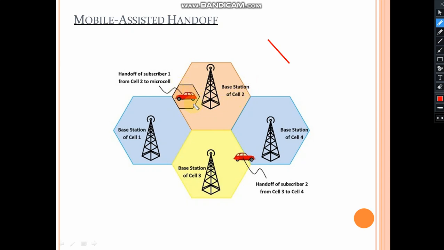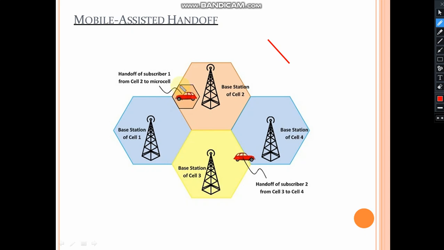So this is nothing but a micro cell, which has been created because of the handoff of subscriber 1 from cell 2 to the micro cell. This kind of situation can occur. In the basement of a multi-storey building, for example the Phoenix Mall, there is no range of the mobile communication system.